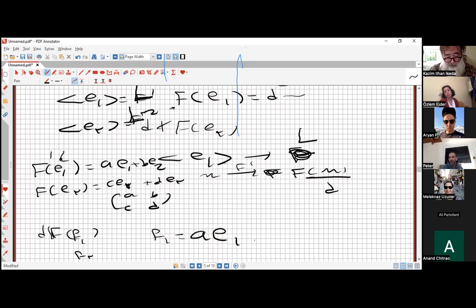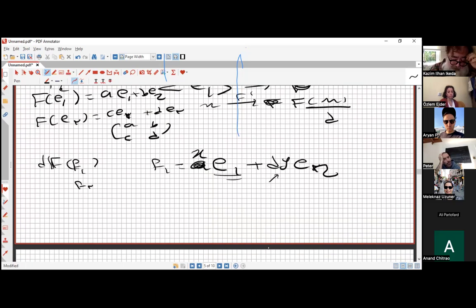It could be a multiple of E1, the multiple of E1 could be arbitrary, but for E2, it should be divisible by d because f of E2 is not divisible by d. So divisibility should come from the coefficient. And f2 could be anything.